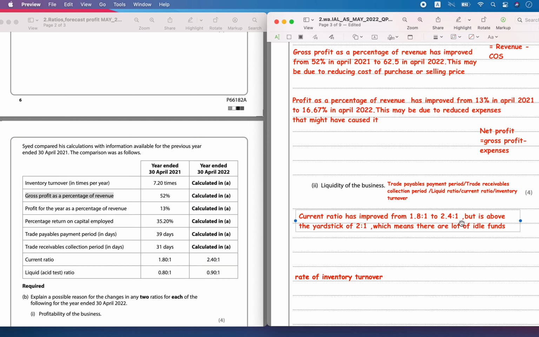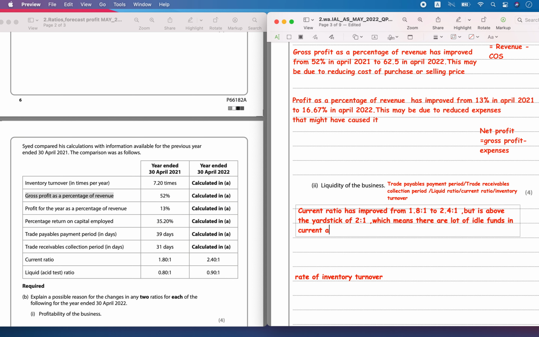So 2.4 is above the yardstick of 2 to 1, so it is nothing but idle funds in the current assets.